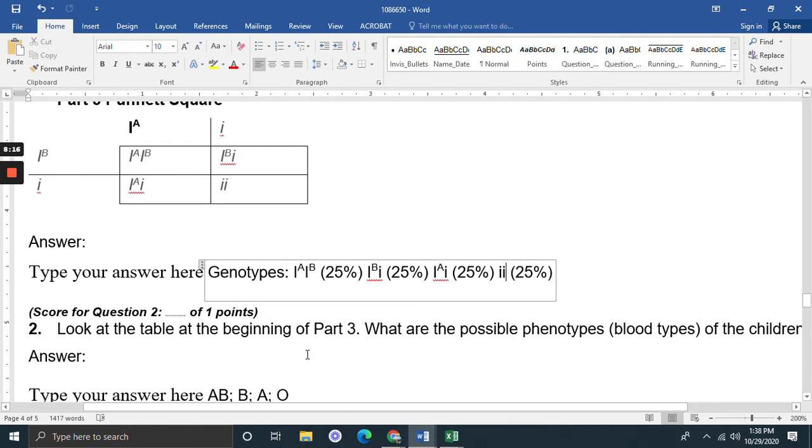For example, if we're doing big B as a genotype in hair color, the phenotype is brown, the color that we see. Your phenotype for your blood would be AB because both are dominant, both need to be represented. Then you've got B with the subscript I, then A with the subscript I. Those are the recessive, and those O's don't show up, so we don't need to include that in our phenotype because that's not something that is expressed.